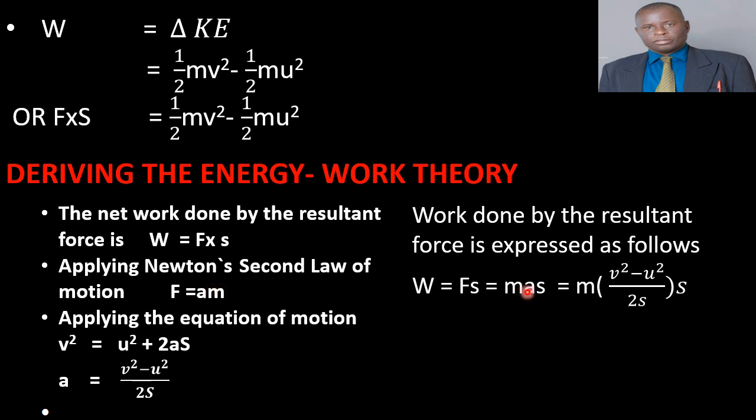So MA is force times distance S. But we just said that A is this one here, V squared minus U squared over 2S. So multiply the mass by A, which we obtained from this equation here, then you multiply by distance. So we have this equation here.